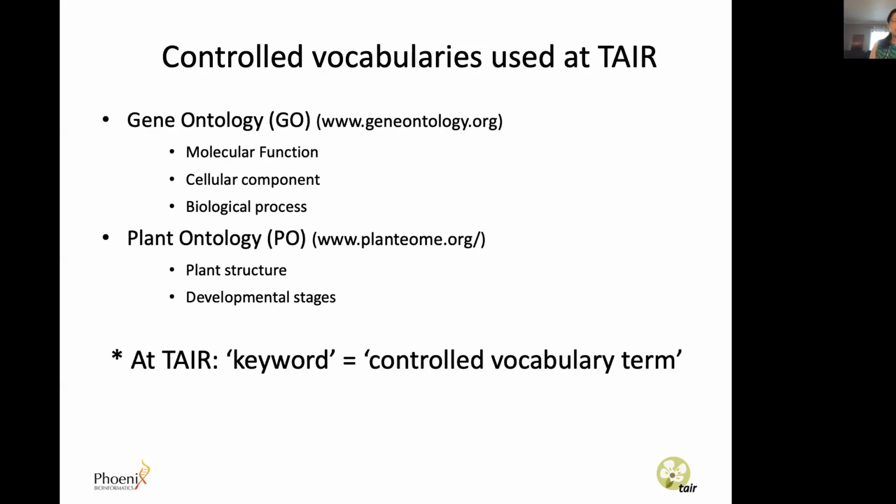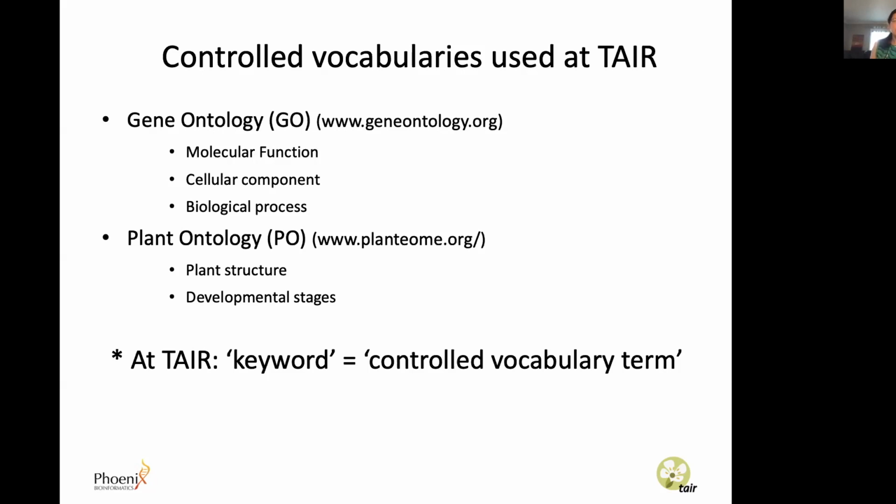We use the Gene Ontology, and these terms describe a gene product's molecular function, for example kinase activity; cellular component, where you can find it in the cell, like the chloroplast; or the biological process that it's involved in, for example seed development. Then we also use terms from the Plant Ontology to describe expression patterns.